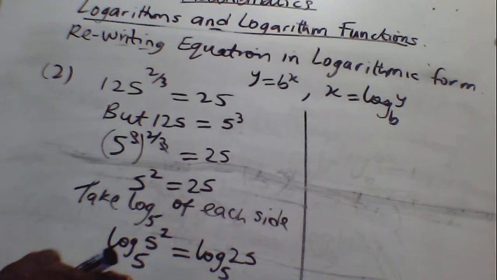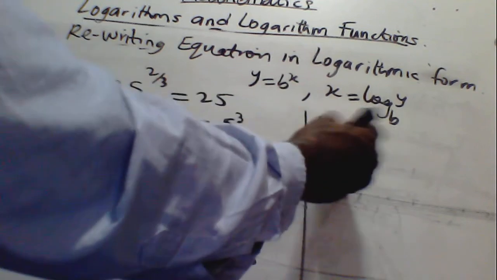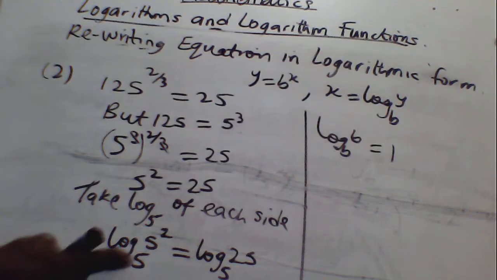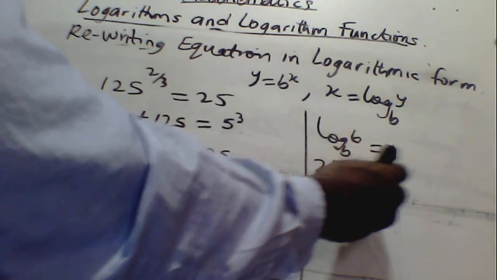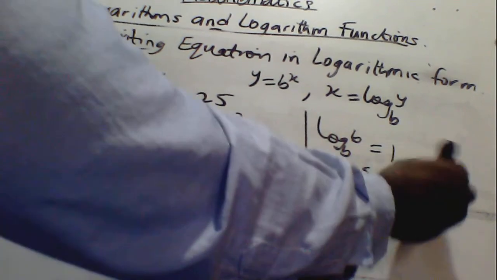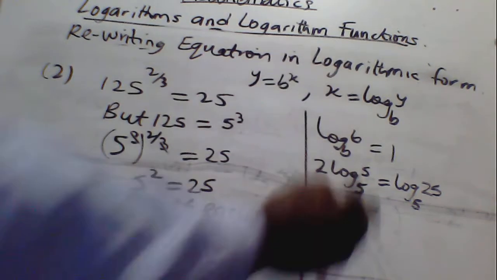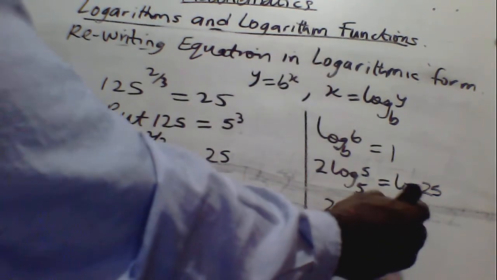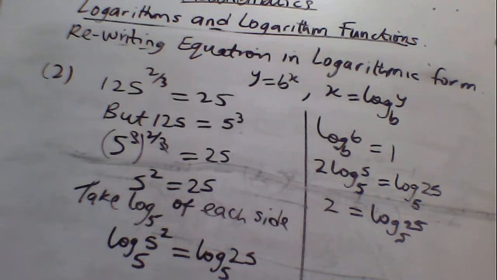From here we already know that log b to base b is equal to 1. So this is 1, and 2 times 1 is 2. So 2 is equal to log 25 to base 5. So this is how you can write it in logarithm form.